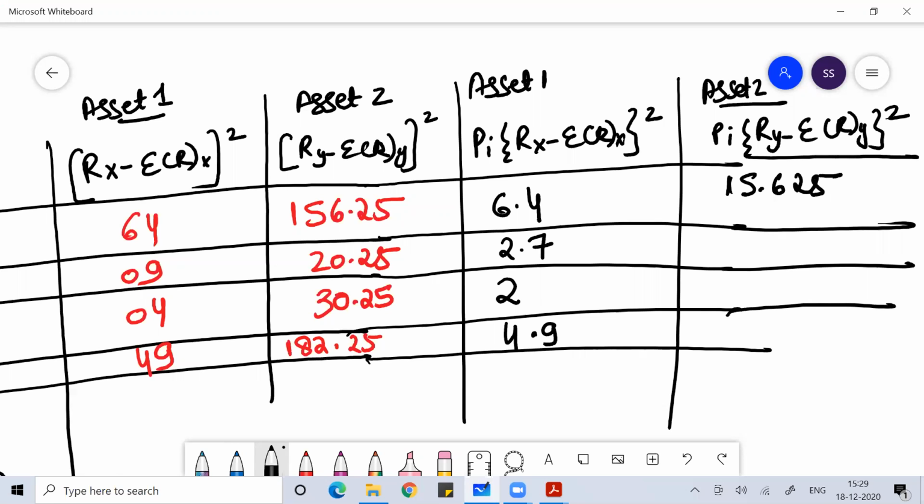Then 20.25 into 0.3, so 6.075. Okay. Then 30.25 into 0.5, half of that, so 15.125.